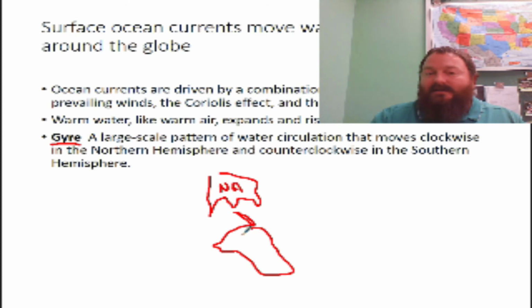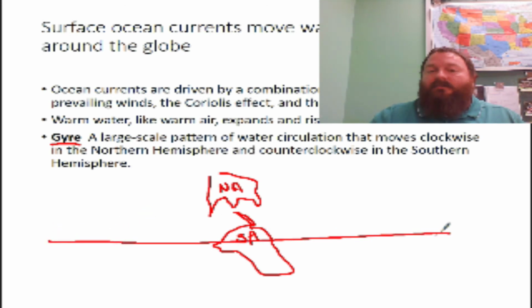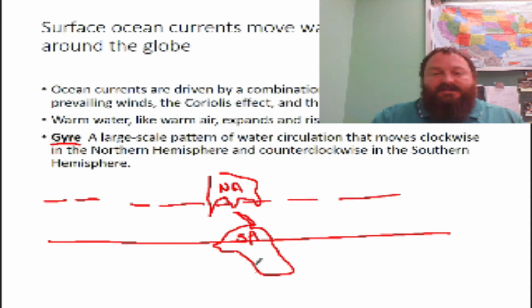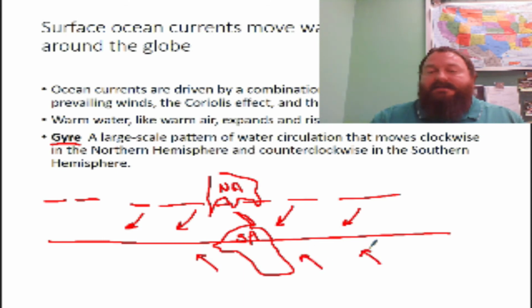We have North America here, South America here, Central America here. If we look at where the equator runs, it's somewhere around in here. A tropical zone will kind of push us to here. So we should have these wind patterns going like this across this region. Because again, those are the prevailing winds. However, when those prevailing winds hit a landmass, it's going to deflect those wind patterns and create different ocean currents.